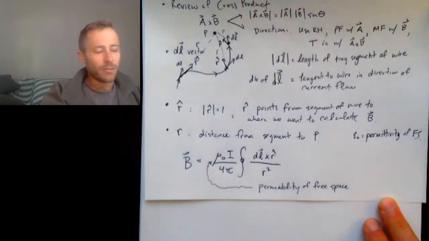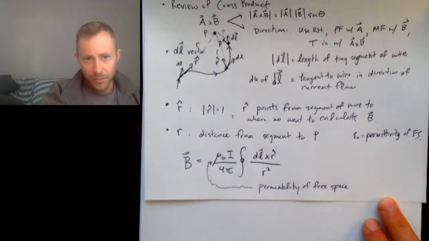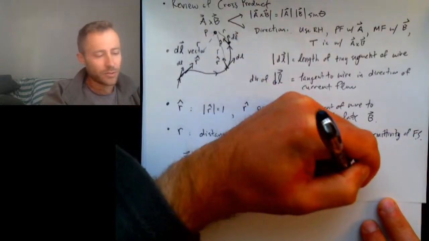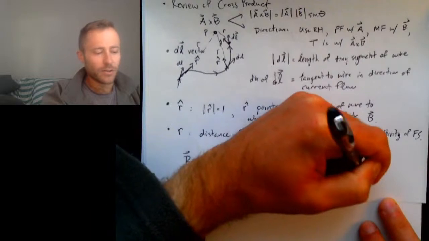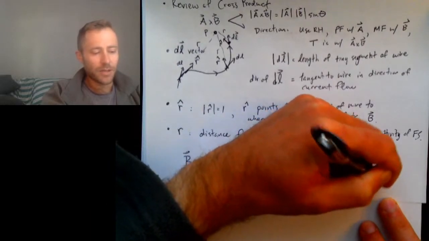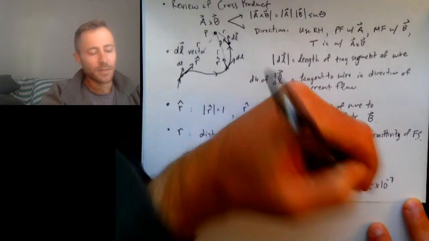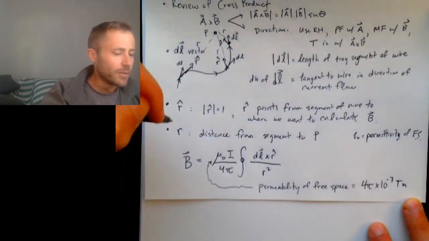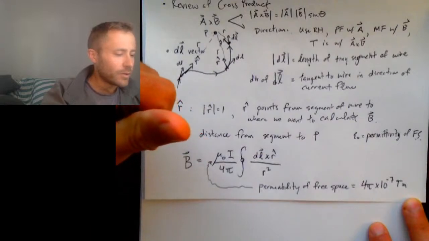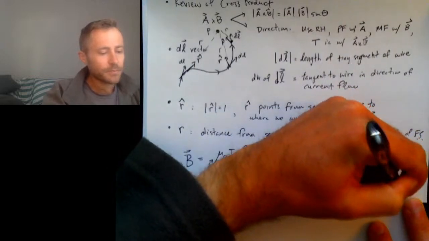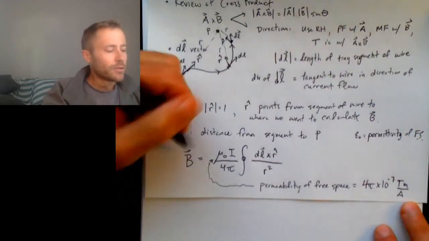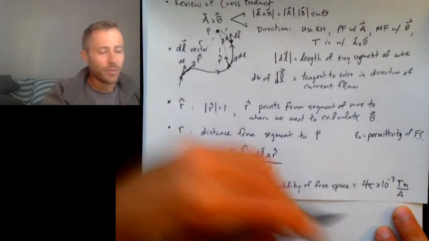Mu naught is called the permeability of free space, and it's another constant of nature. It's not really an independent constant, as you'll see in just a second. Mu naught is equal to 4 pi times 10 to the minus 7 Tesla meters per amp. So that is the value of the permeability of free space.